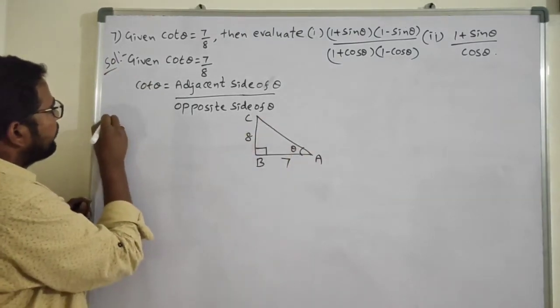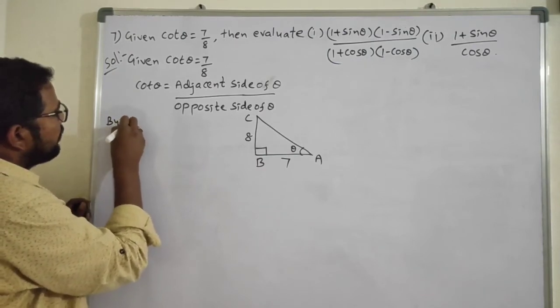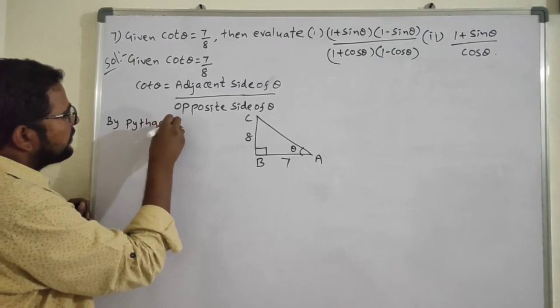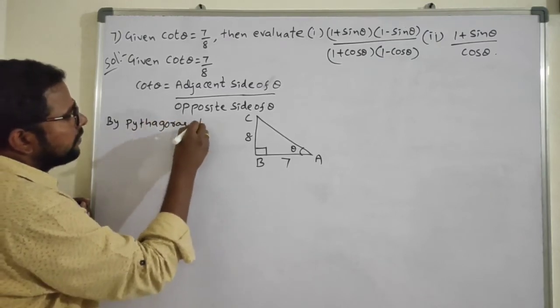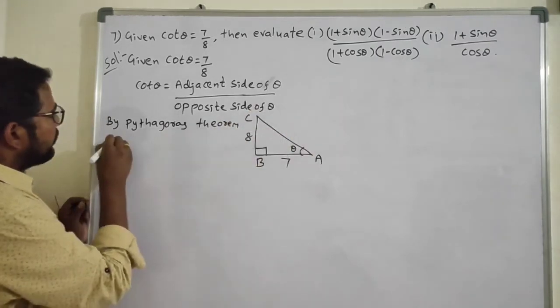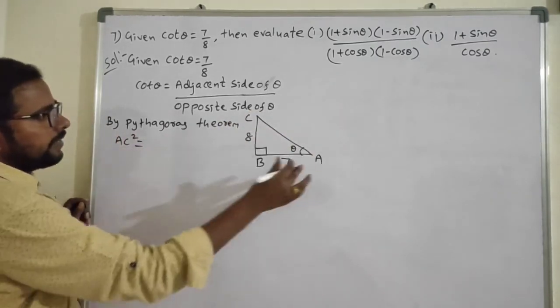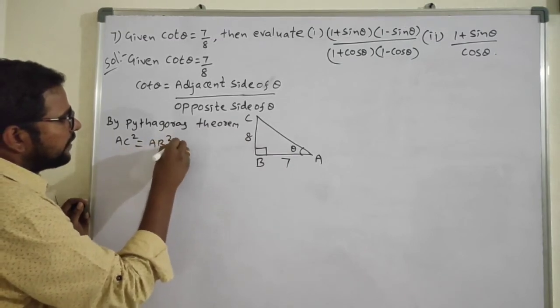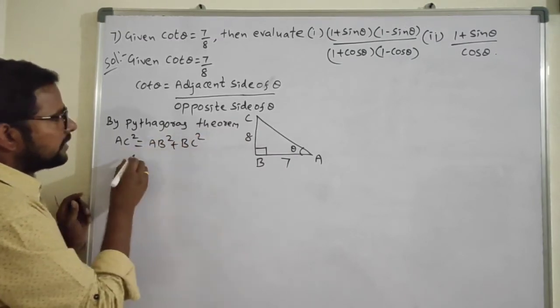So by Pythagoras theorem, AC square is equal to AB square plus BC square. AC square we don't know.